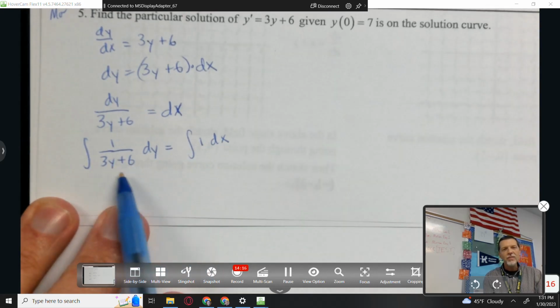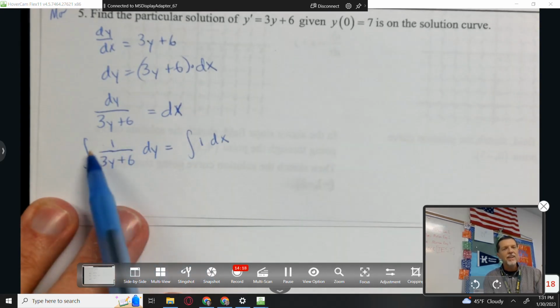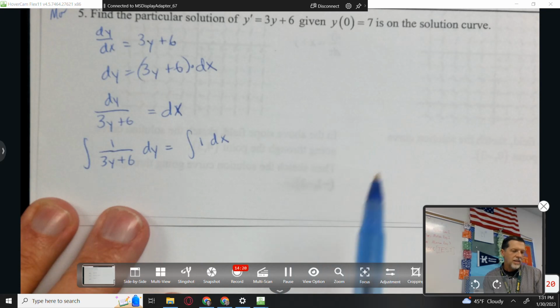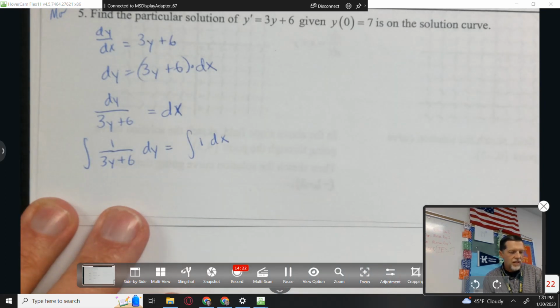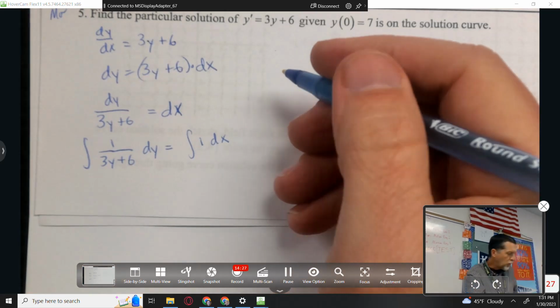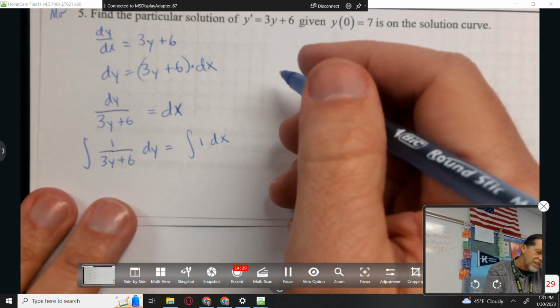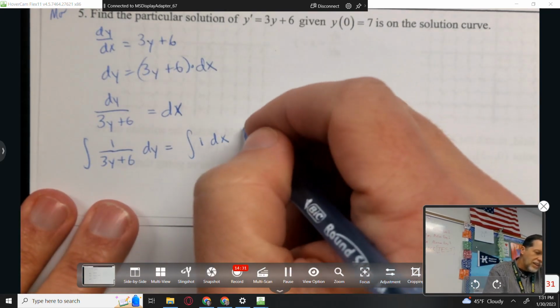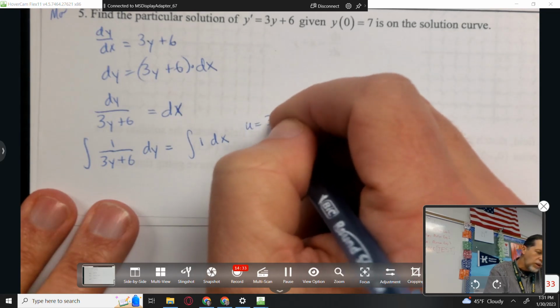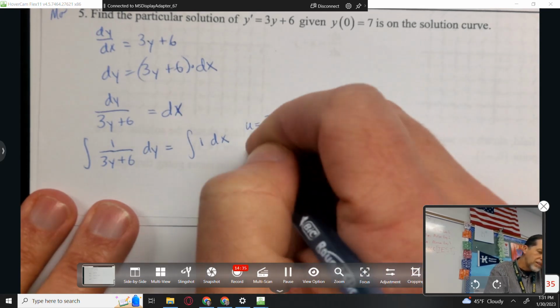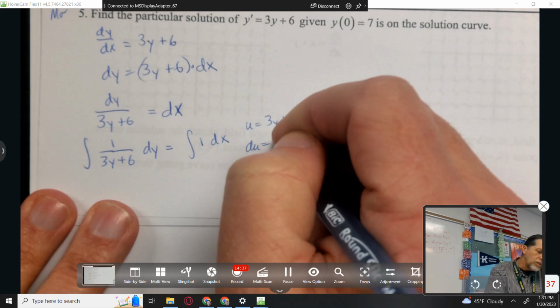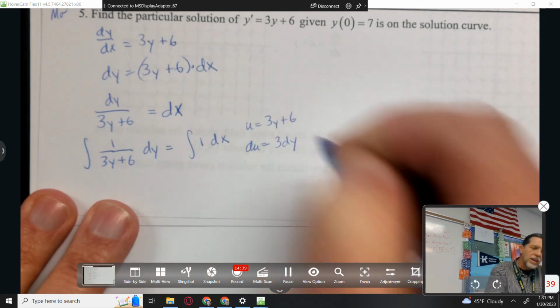How about the integral of the left-hand side? To use substitution, u equals 3y plus 6. So du equals 3 dy.